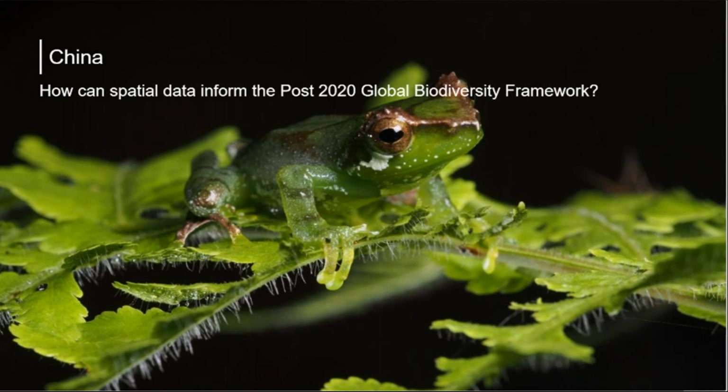She holds a postdoc from the Research Center of Eco-Environmental Sciences at the Chinese Academy of Sciences. So Dan, the floor is yours. I know it's a bit late in China, so thank you for being with us. And please go ahead with your presentation.